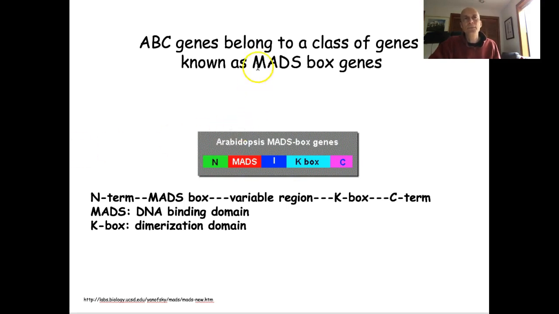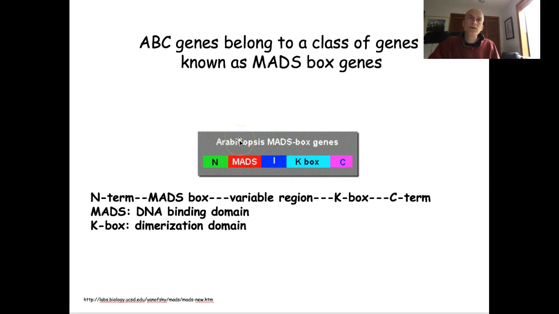The MADS box stands for the beginning of individual genes. The Apetala is what gave the MADS box its A, and Deficiens is one, we'll talk about that in a second, that gave the MADS box its D. And then these 2 outside letters are from animals. So this is a kind of gene class that is found both in animals and in plants.